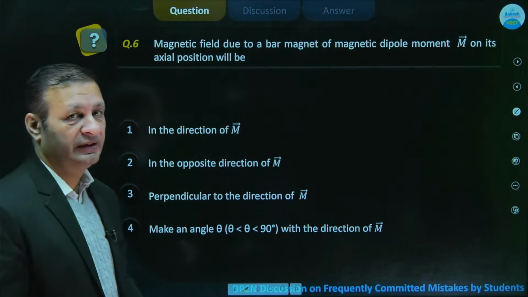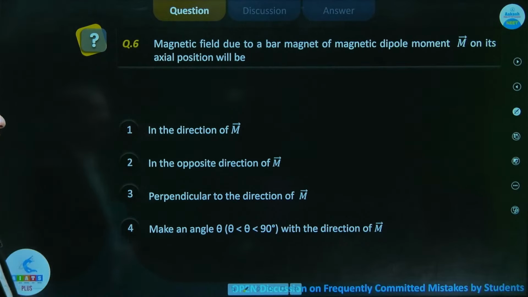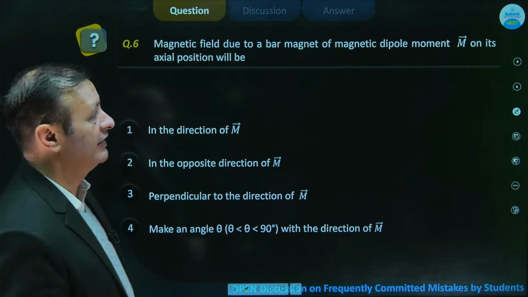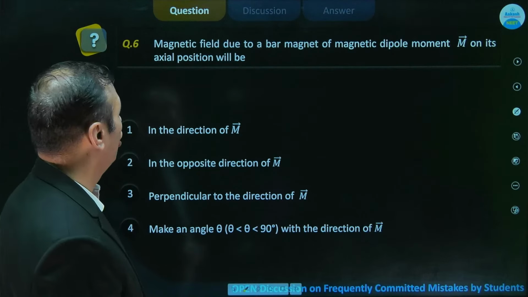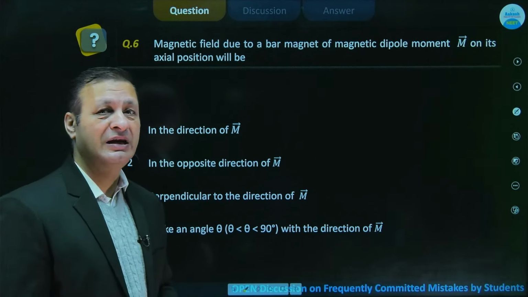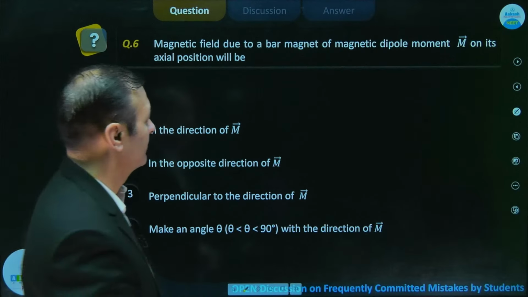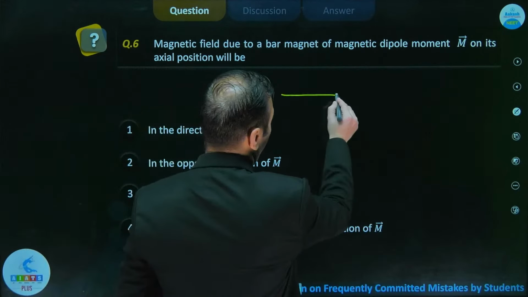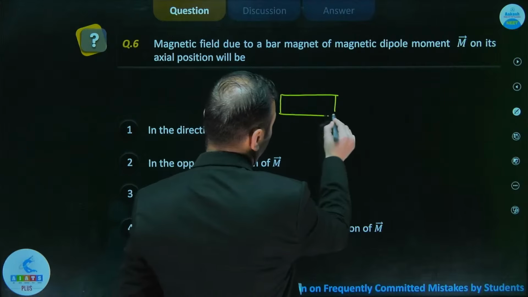Okay. The next question is: magnetic field due to a bar magnet of magnetic dipole moment M on its axial position will be. Fine. So you have a bar magnet. Got it?